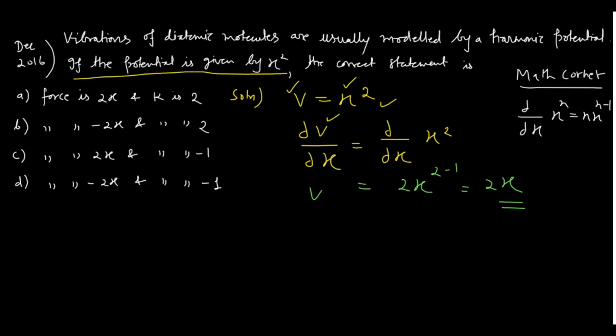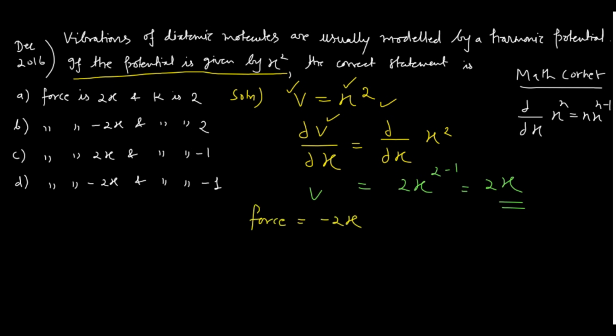I already told you, if I am stretching your bond, then the force will apply in the opposite direction, right? This I explained in my very first lecture. So we know the restoring force is always in the opposite direction of the stretching. So in that case your force would be minus 2x.